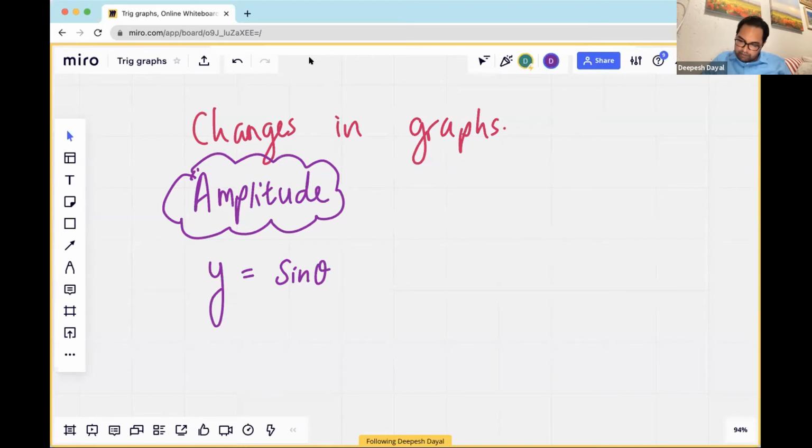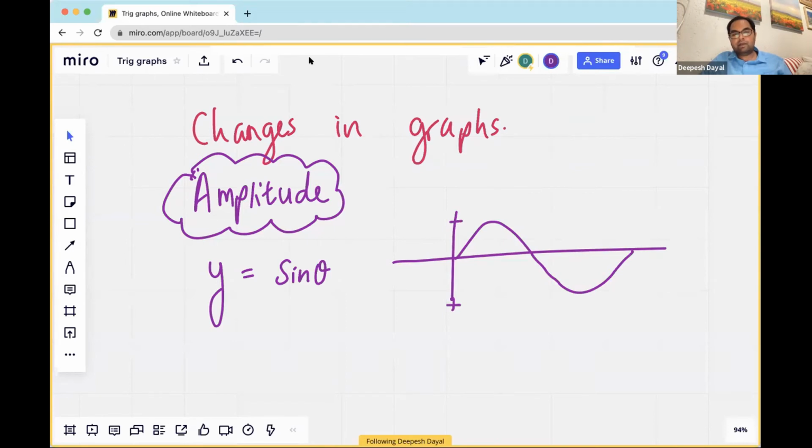I'm going to draw a very rough sketch of this one, like that. Remember, what was the highest and lowest point here? Well, the y values, what was it? 1, 2, 3, what was it?